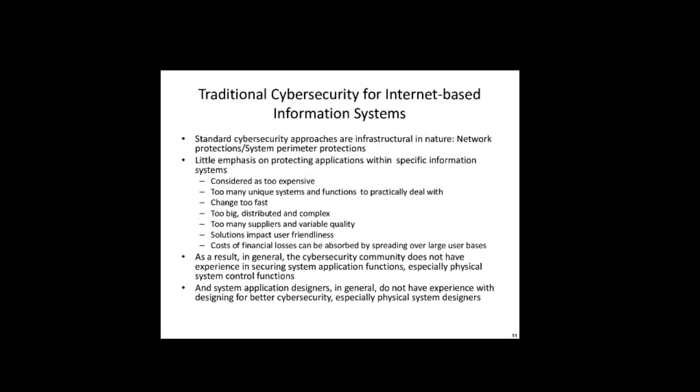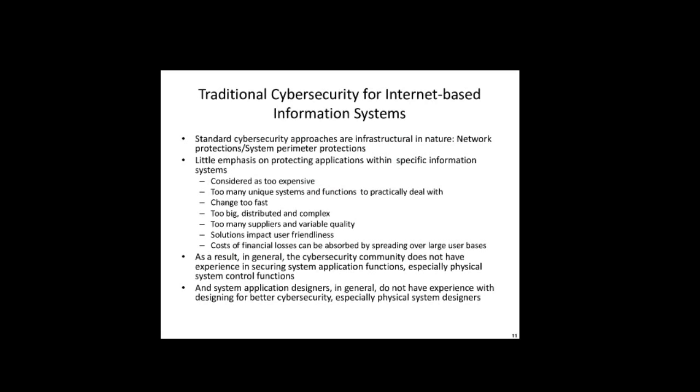Now I want to say something about our readiness as engineers. So cyber attacks, as I said earlier, because of the history of what the attacks have been and what the solutions have been, have addressed the perimeters and the networks, but not the applications, for a variety of reasons.